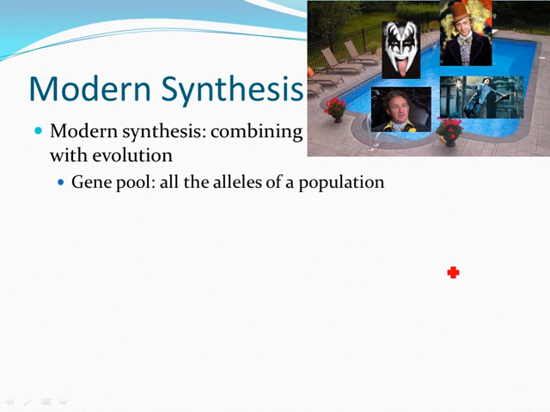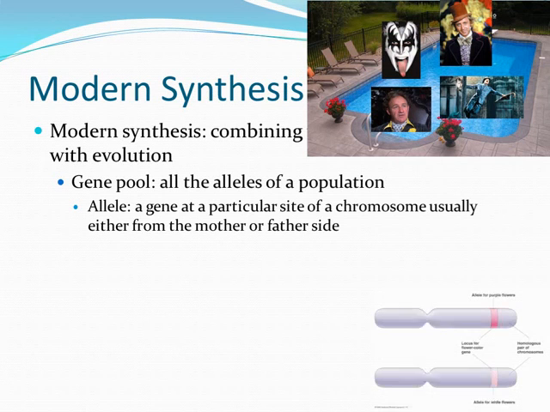So first of all, some terminology that you need to know. Gene pool. A gene pool is all the alleles within a population. You might not know what alleles are, but we're going to talk about it here. An allele is a gene that is found at a particular site of a chromosome.